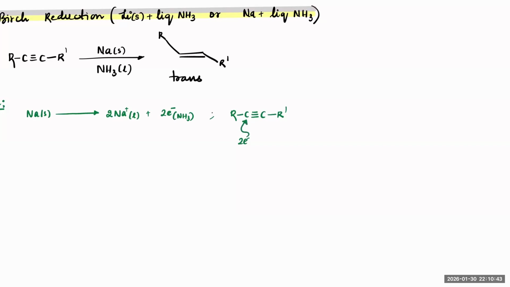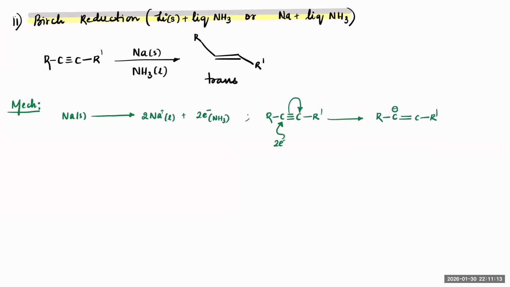Now, you may ask, sir, there is already so much electron density, so how is another electron being pulled? You know that if carbon possesses a triple bond, its electronegativity is high, so it has an affinity towards electrons. As the electrons approach, this pi bond will shift onto the adjacent carbon.